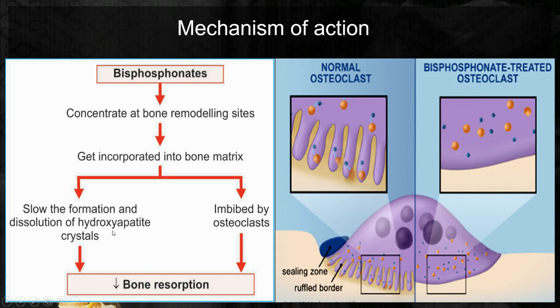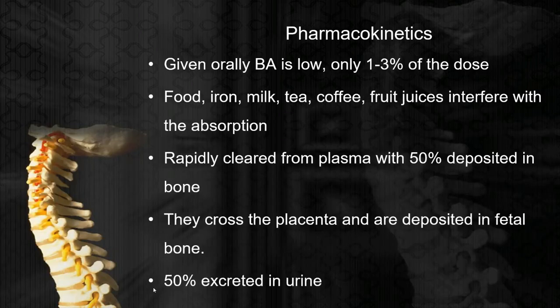In the same way, after incorporating into the bone matrix, it also slows the formation as well as dissolution of hydroxyapatite crystals. Because of these two actions, bone resorption is reduced. So bisphosphonates are basically anti-resorptive in nature.